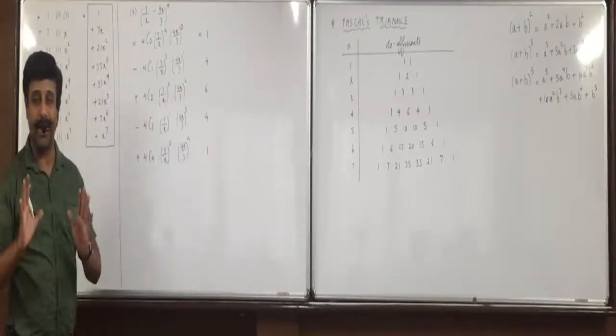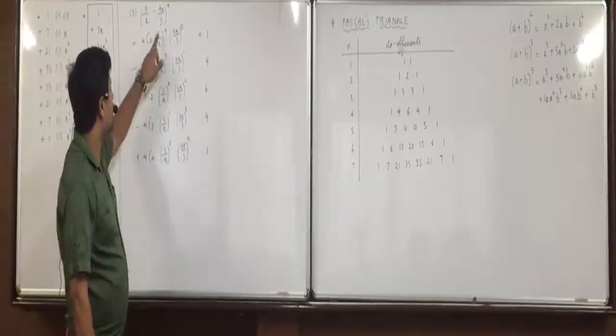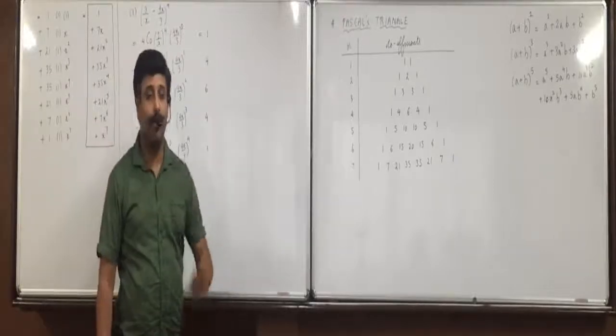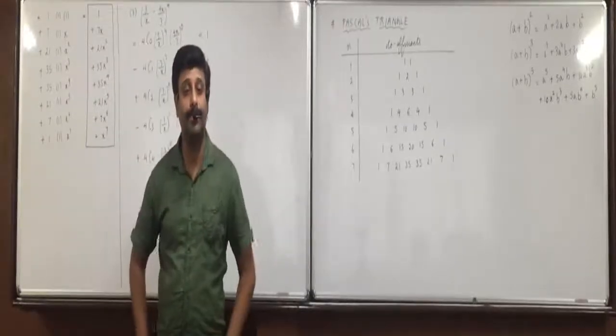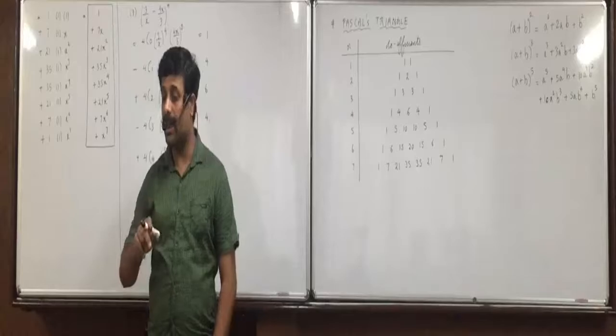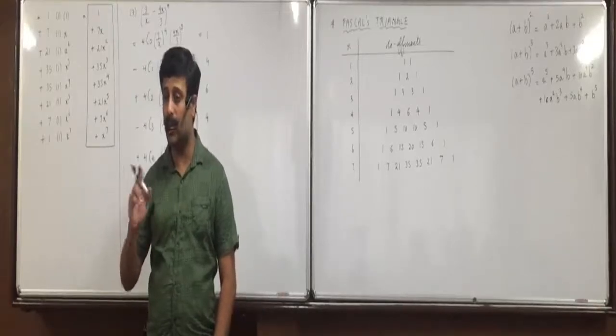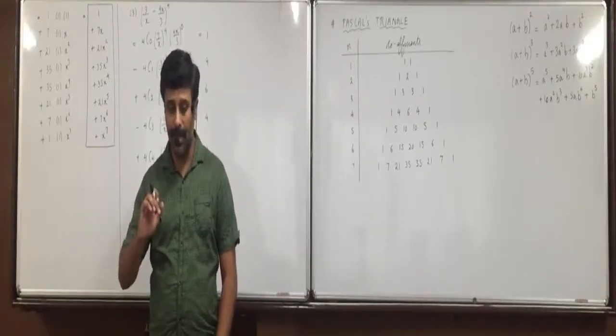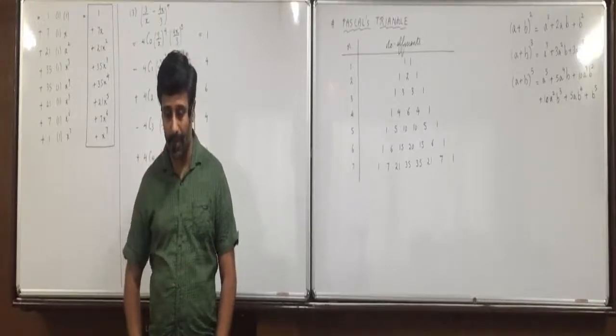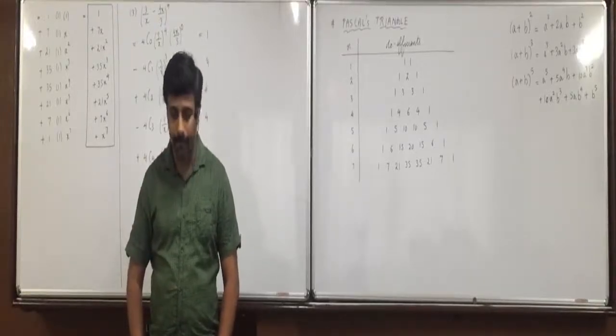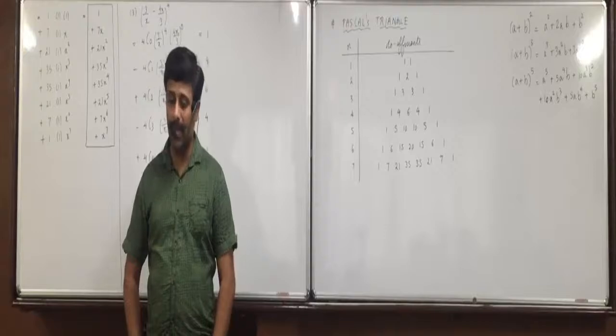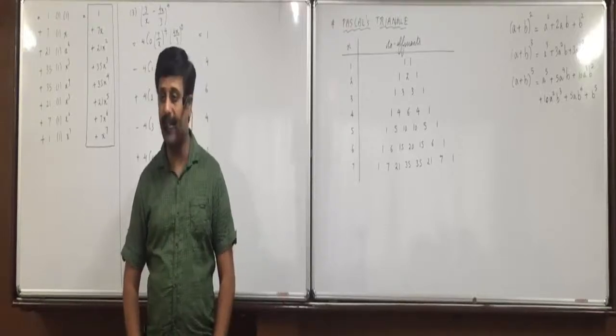Now be attentive. 3 raised to 4. How do you do 3 raised to 4 in the calculator? 3 into 3 into 3 into 3. Now do it as I am saying. 3 into, equal to, equal to, equal to. 81, do you get it?